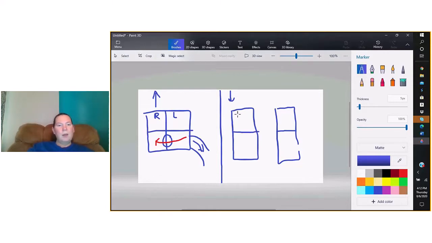So you have your right atria, left atria, right ventricle, left ventricle. And then, yes, I know your lungs are not in the center of your heart, but just for pictorial purposes here, we're going to put our lungs right here.